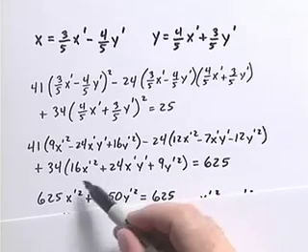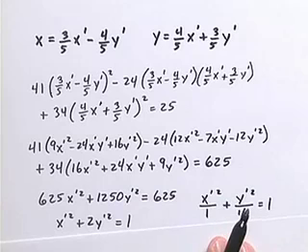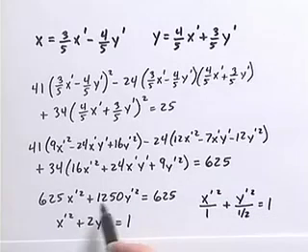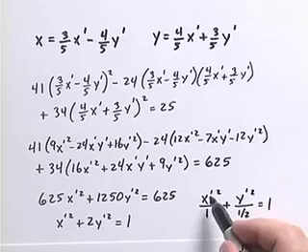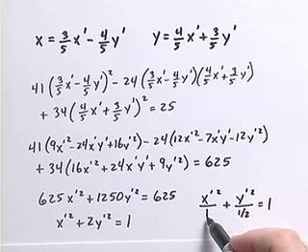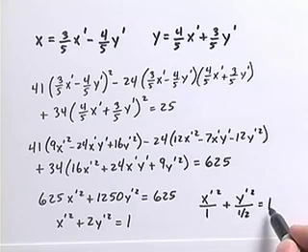Everything goes away except for these two terms. If we divide both sides by 625, we get x prime squared plus 2y prime squared equals 1. Then we rewrite that as x prime squared divided by 1 plus y prime squared divided by 1/2 is equal to 1.